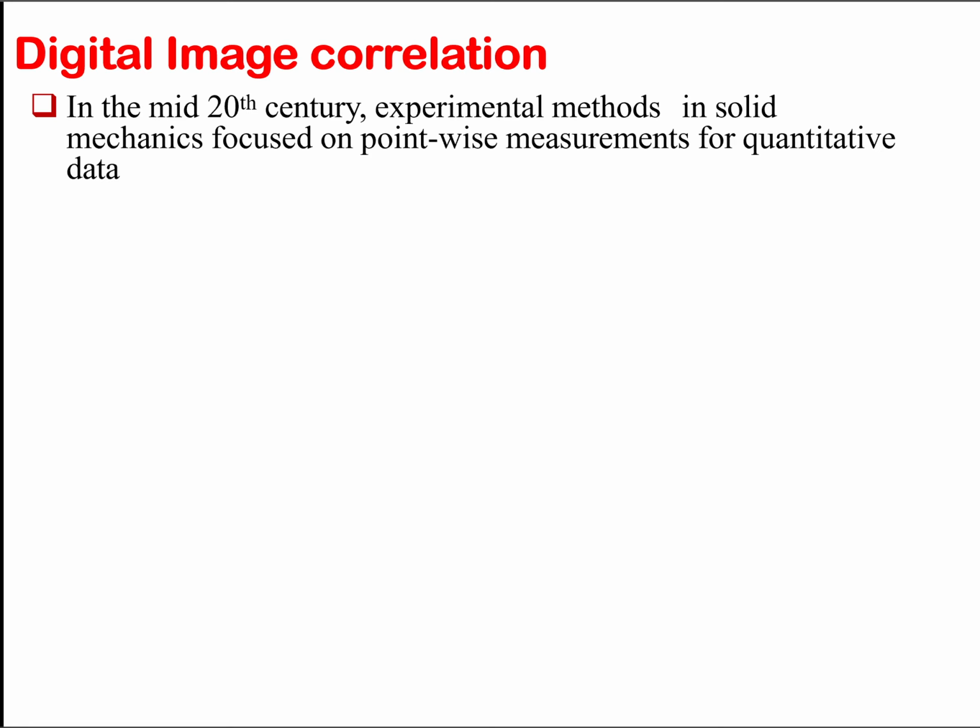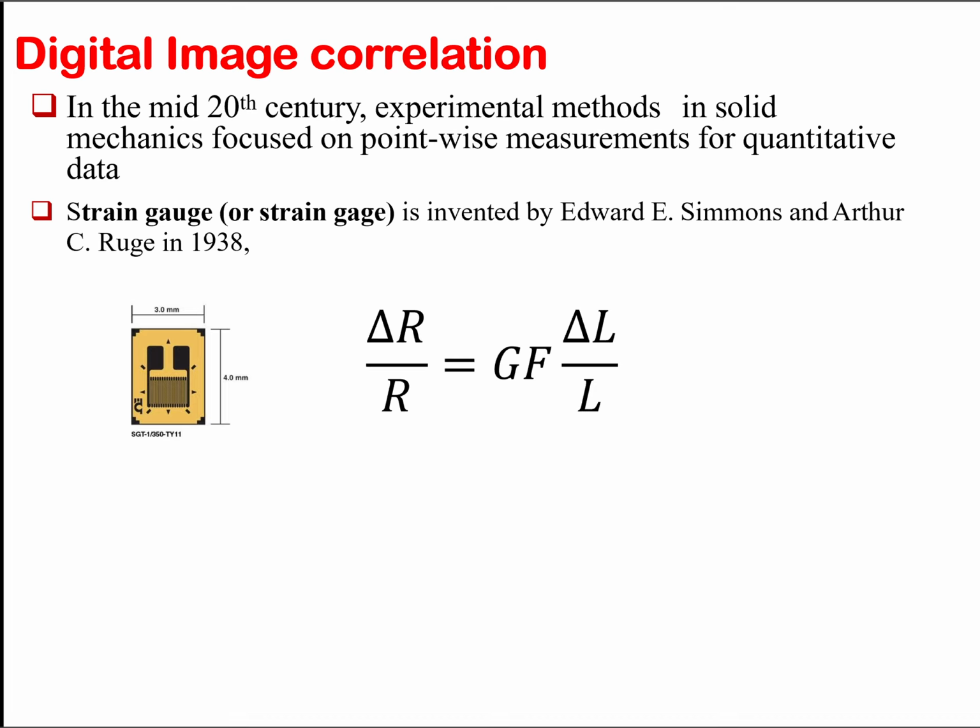But let's talk about the point measurement a little bit. Point-wise measurements, we can use strain gauges as we have seen before to relate the changes in resistance during the elongation to the elongation and a strain itself through a correction factor. Okay, so this is a very robust method.